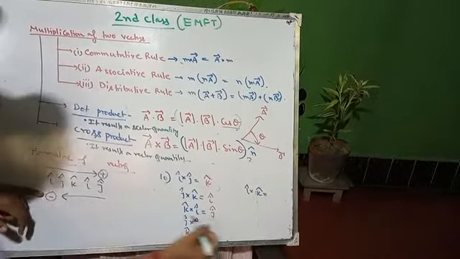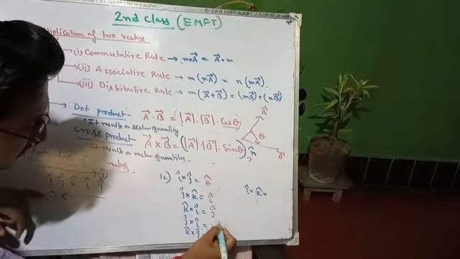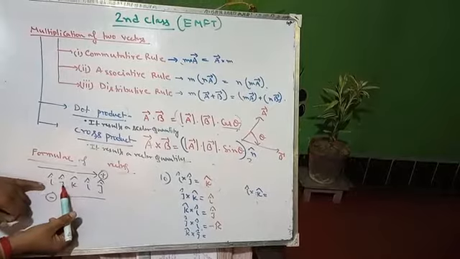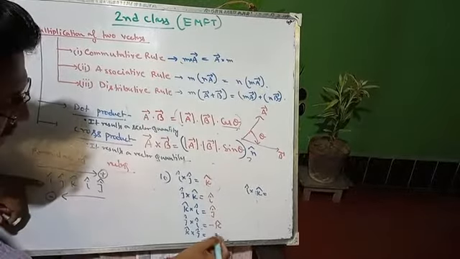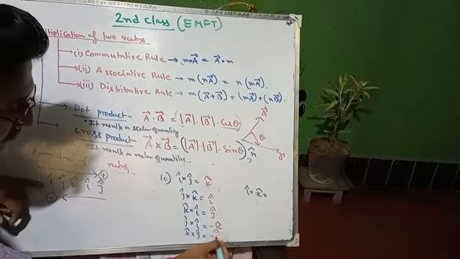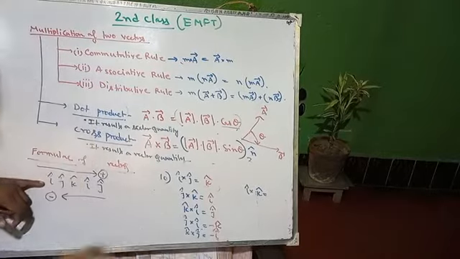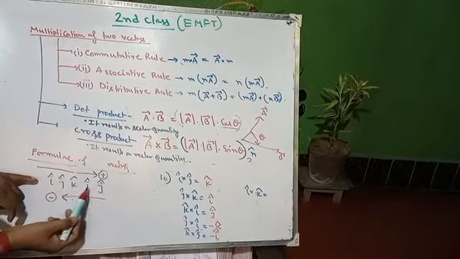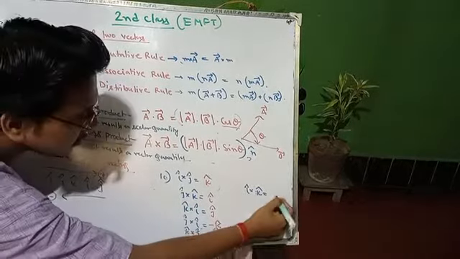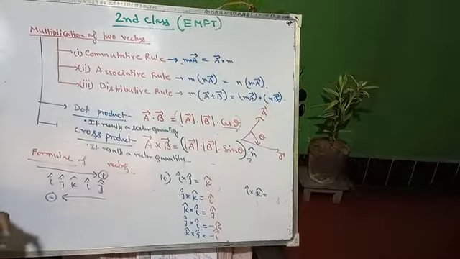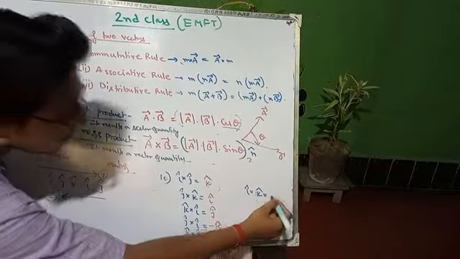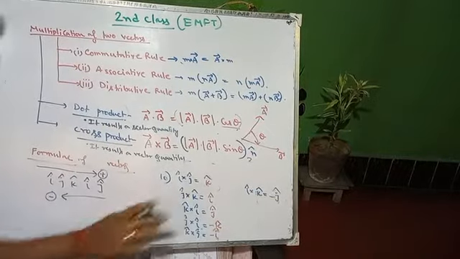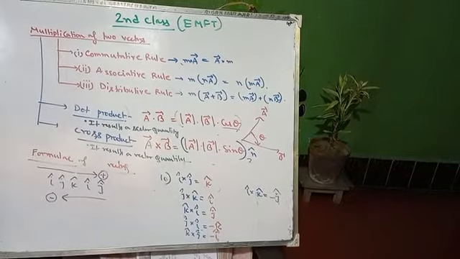So it will be minus k, and k cross j shows minus I, and similarly I cross k shows minus j. So this is a unique way to remember the cross product of these unit vectors.